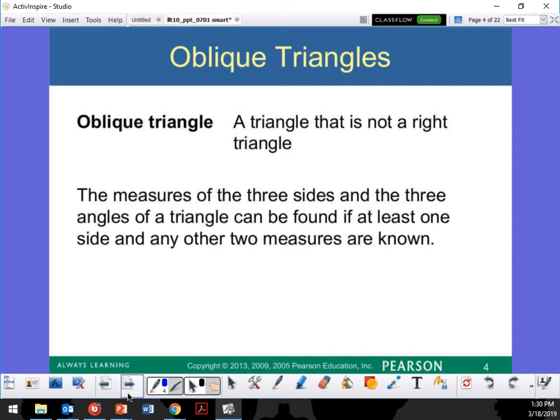So, if I have three sides, will that work? Yes. What about one side and two angles? Yes. Does it have at least one side? Yes. What if I have three angles? No. We can solve it if you have at least one side.